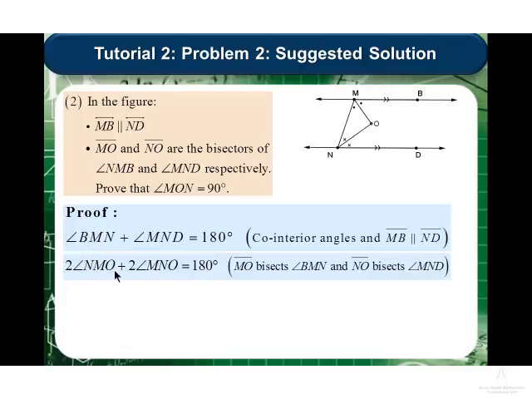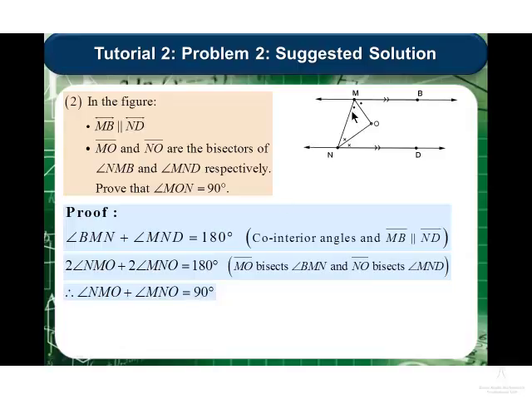Similarly, we can replace the angle MND with twice the angle MNO, since NO is the bisector of the angle MND. So, in doing so, we see that taking a common factor 2 and dividing through by 2, we have that the sum of the angles NMO and MNO must be 90 degrees.